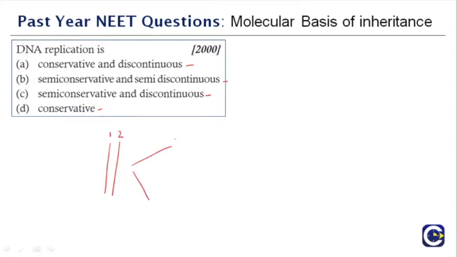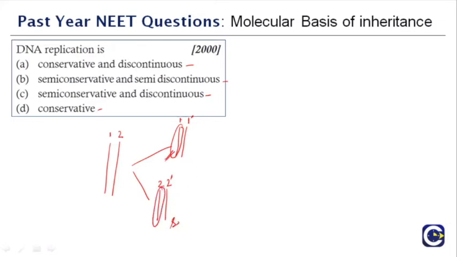The two strands are then replicated so that there are two new strands, and then the old strands go to two different DNA molecules. Okay, and then these are the new strands that are synthesized. So in the new DNA molecule, one of the old strand is conserved. It's only one of the old strand that is conserved.